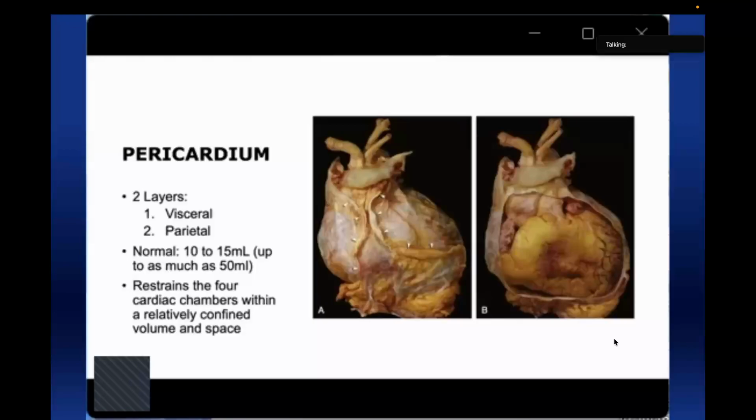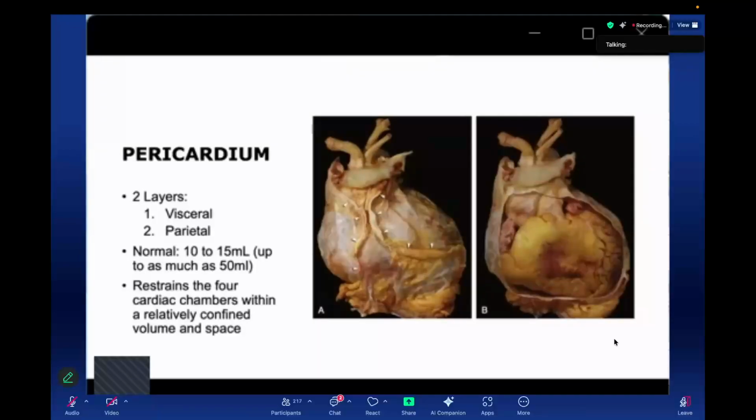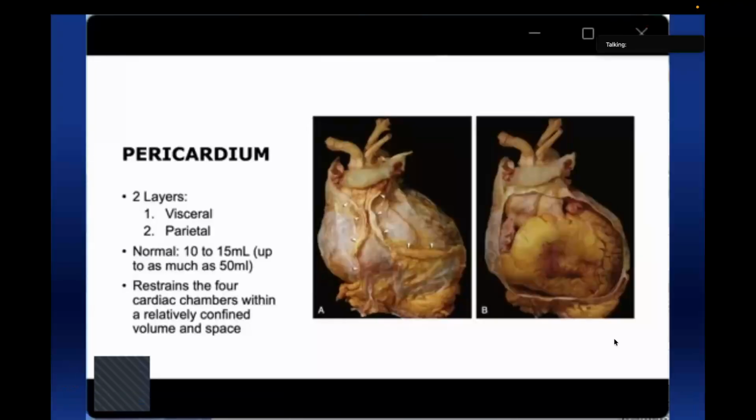The visceral pericardium is composed of a monolayer of mesothelial cells and collagen and elastin fibers adherent to the epicardial surface of the heart. The parietal pericardium, on the other hand, is the thicker fibrous sac surrounding the heart, normally about 2 millimeters thick, and is largely acellular and contains your collagen and your elastic fibers.